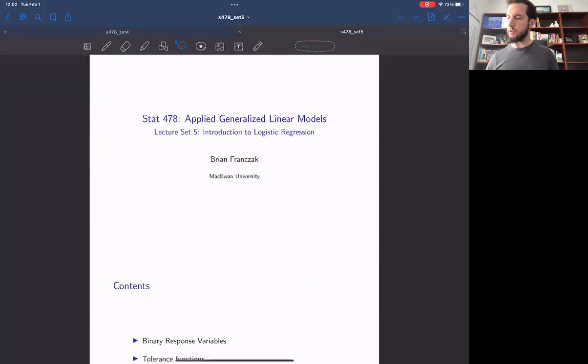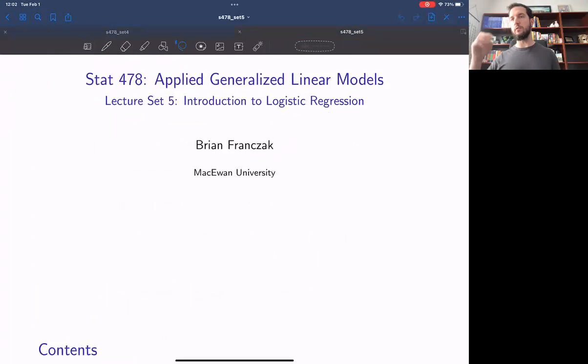So now we can move on to lecture set number 5. We're actually going to start talking about different types of GLMs and looking at more empirical examples, model evaluation, interpretation, and the situations in which you would try using these different types of models, different options within the same family.